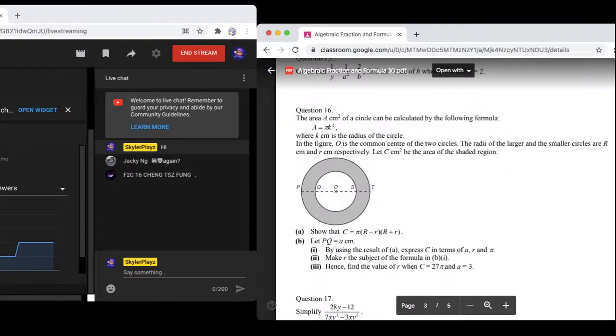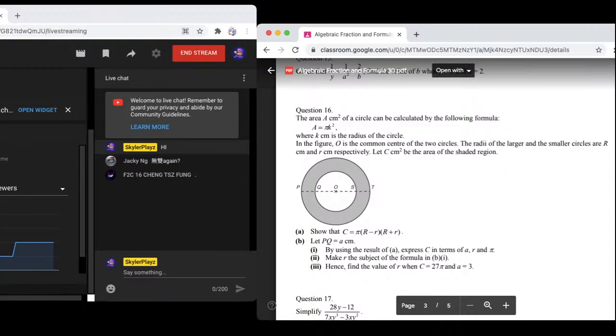A is equal to... let x be equal to R plus r divided by 2, and then x will be equal to R plus r, divided by 2, R minus r.